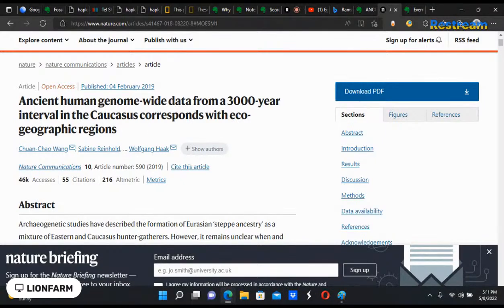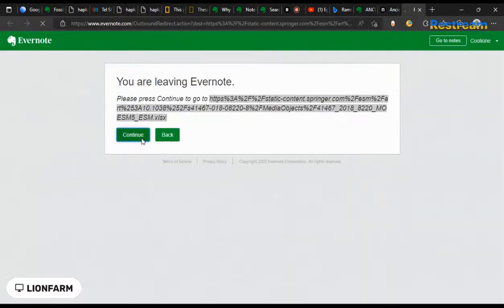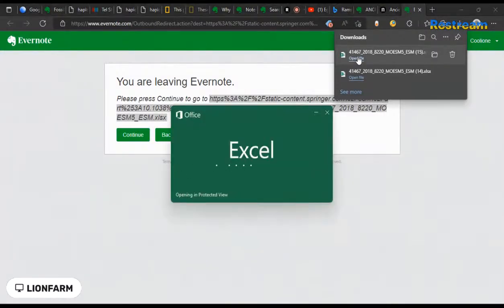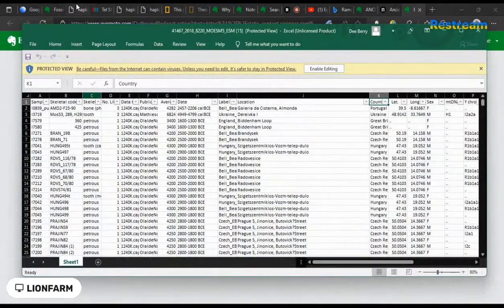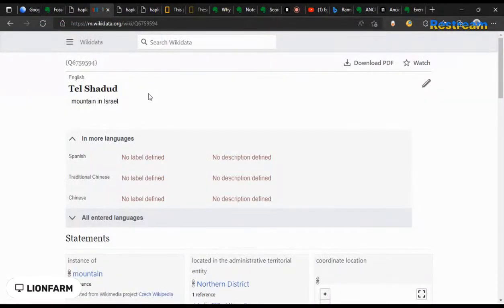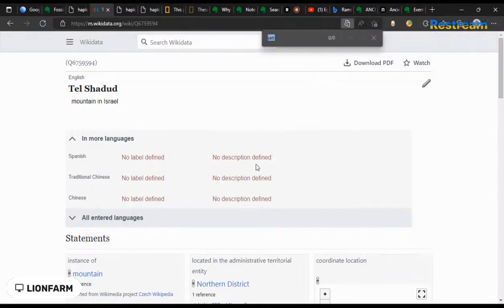But let me show you this real fast. All right. So before I get to this, let me make sure I point out again some highlights. It's at Tel Shadud. That's where we see the connections of Seti.